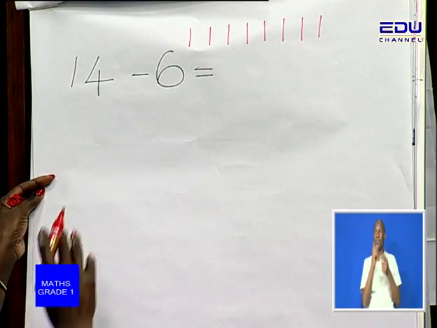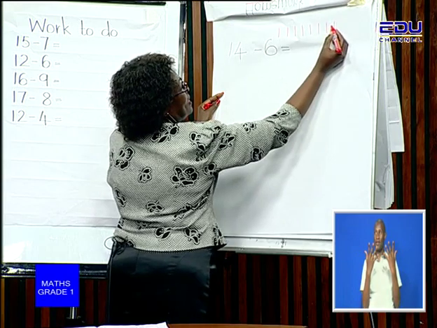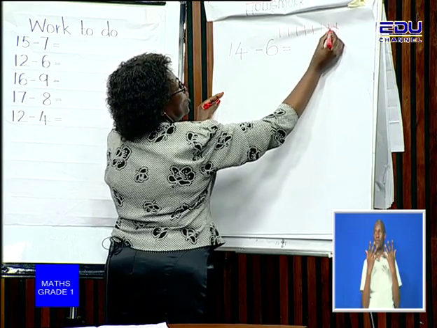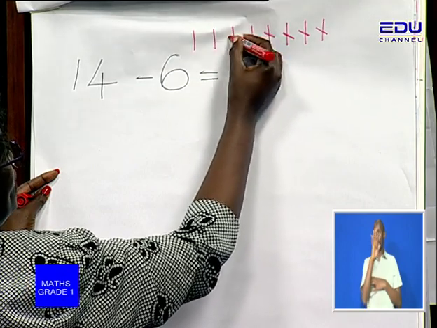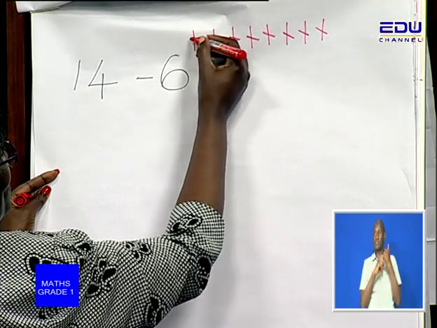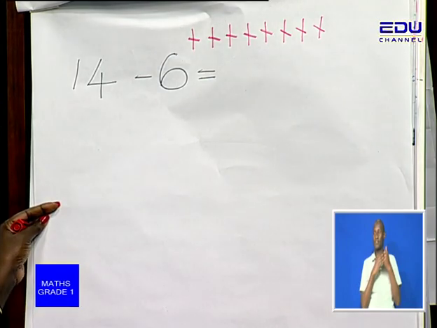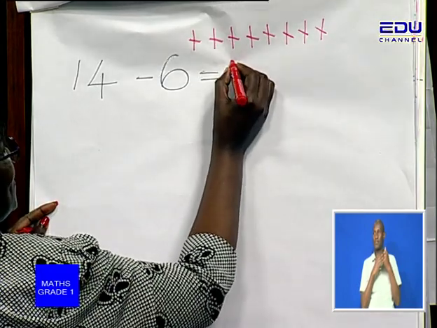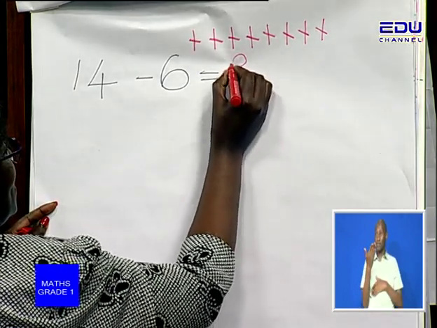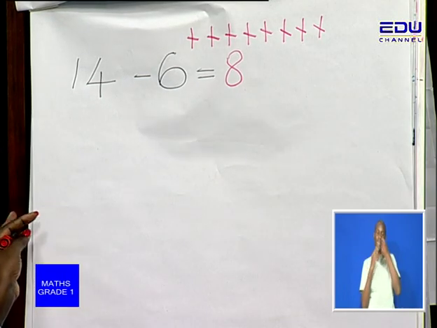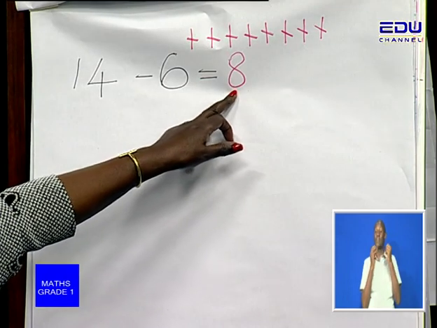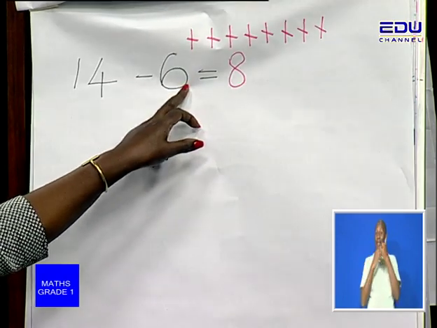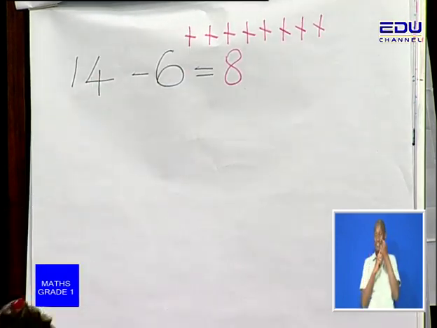Then I count how many I have added: 1, 2, 3, 4, 5, 6, 7, 8. So my answer here is 8. And if you add 8 plus 6, you will get 14.